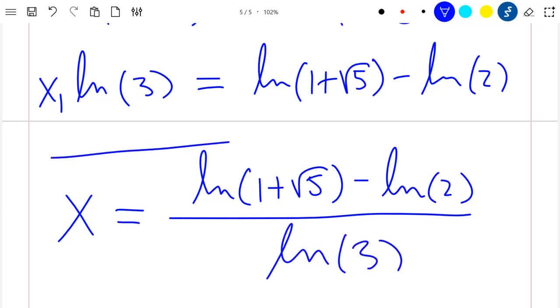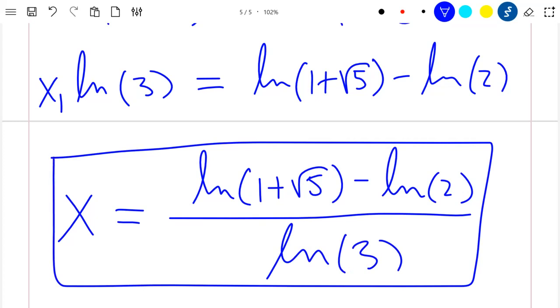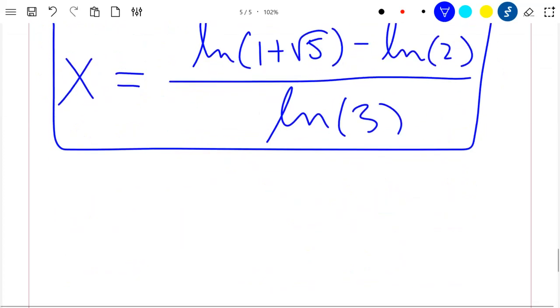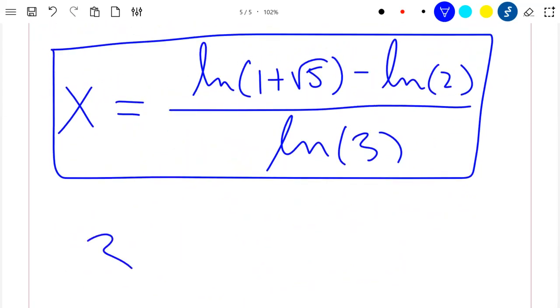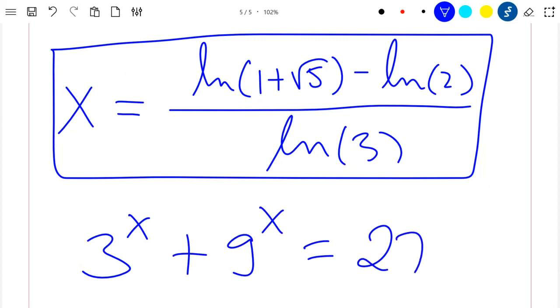So this is the only solution to our equation, which is 3 to the power x plus 9 to the power x equal to 27 to the power x. As an exercise for you, you can put this x inside the equation and check that it is satisfied.